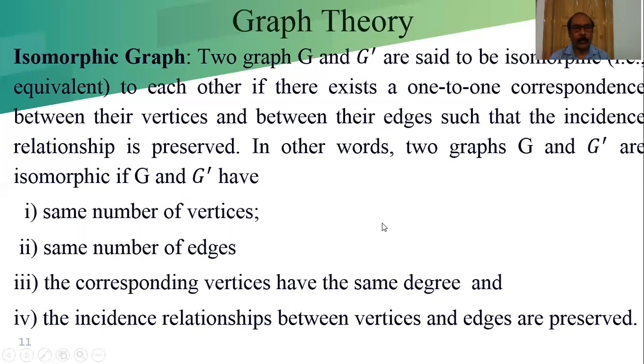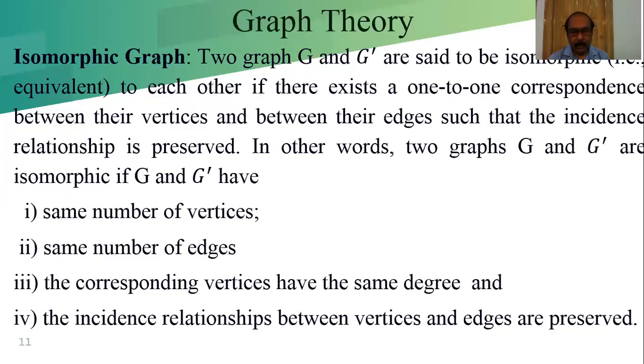Now, isomorphic graphs. When we say that two graphs are isomorphic, that means they are the same, or you can call it similar. That means the same graph, but in the drawing we may be confused about whether they are isomorphic or not.